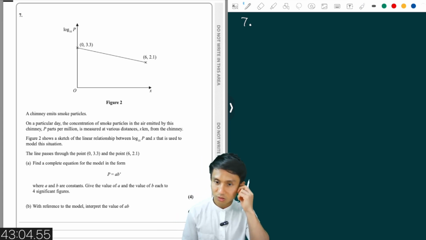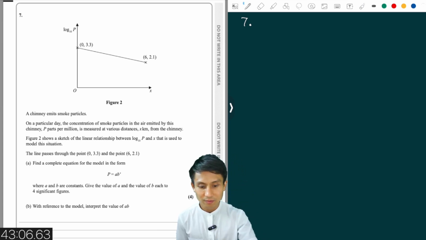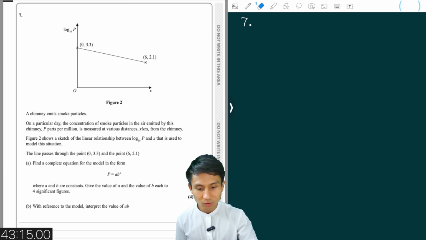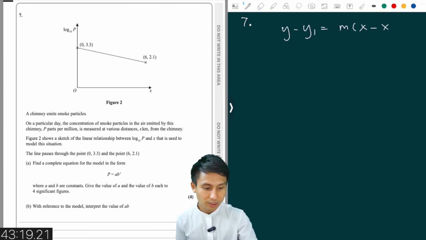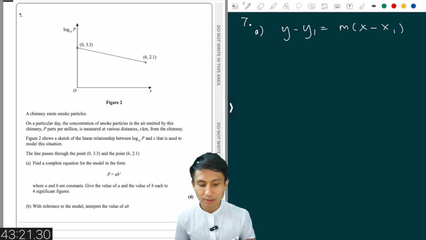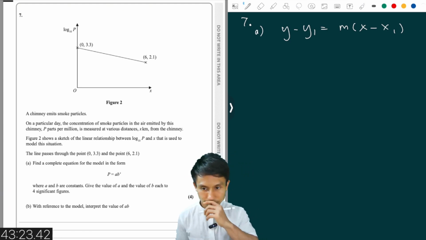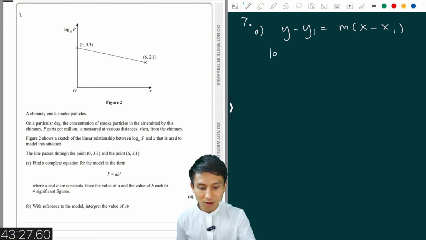Okay, so we have a linear equation. That means we can plug into y equals mx plus c, or better yet, we can do y minus y1 equals m times x minus x1. So that's my part A there. In this case, the y-axis is the log base 10 of p.